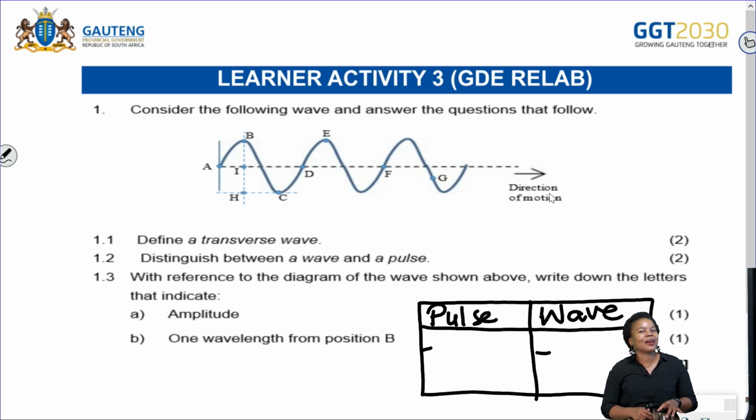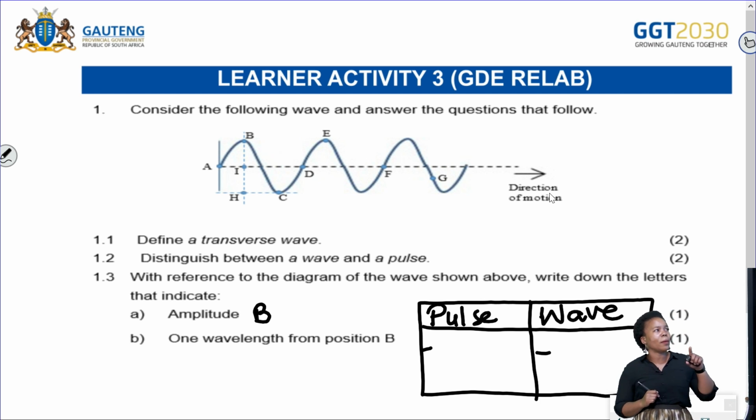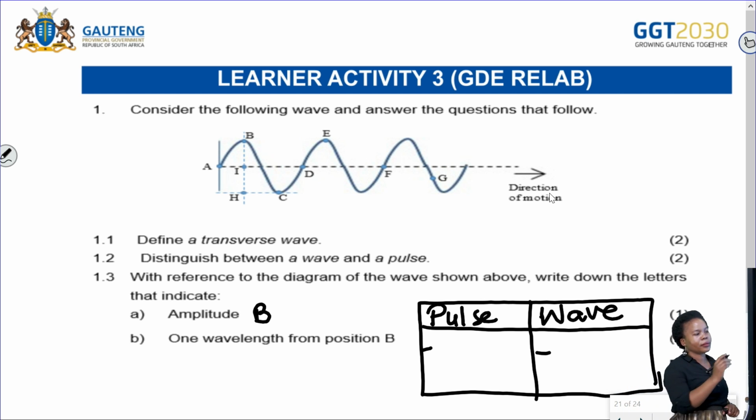So here's your amplitude. I and B. So let's just say you're moving from I to H or I to B.